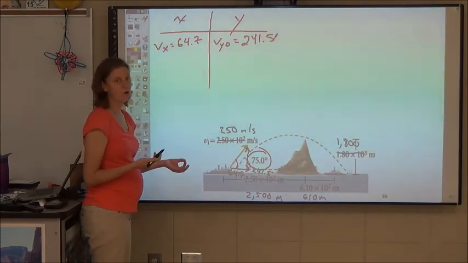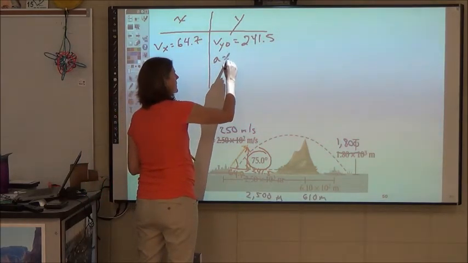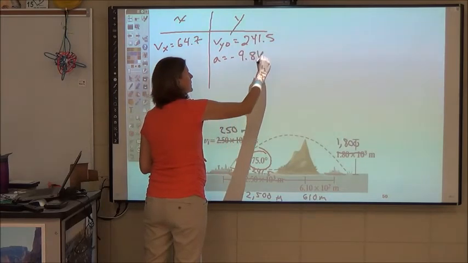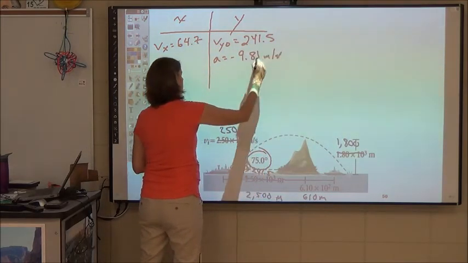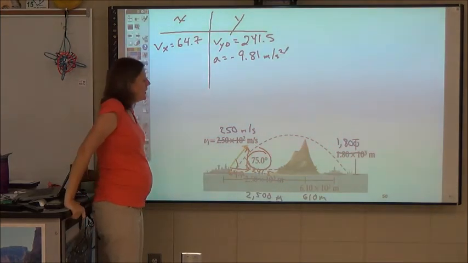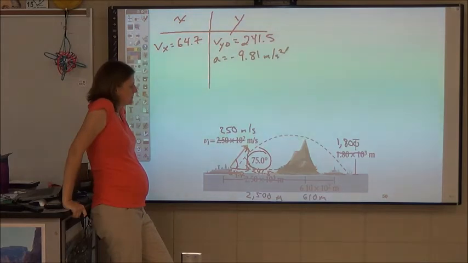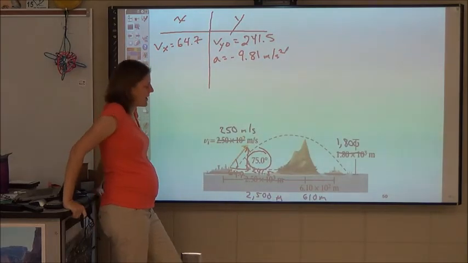So another thing I know about the y direction that I can just always throw in there is gravity. Well, I guess I'll put the units on there too. And now I just need to decide which question I want to answer first. How far from the ship is the projectile, or how far from the mountain?